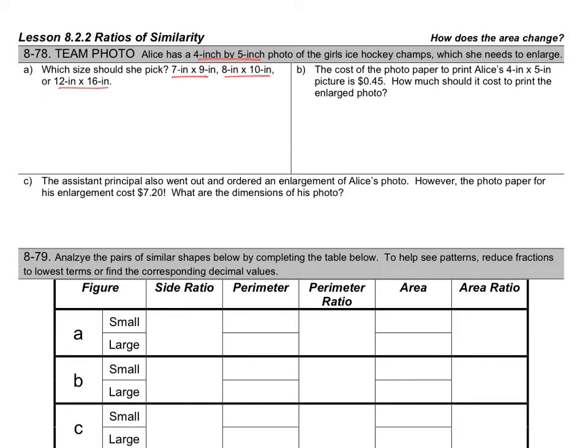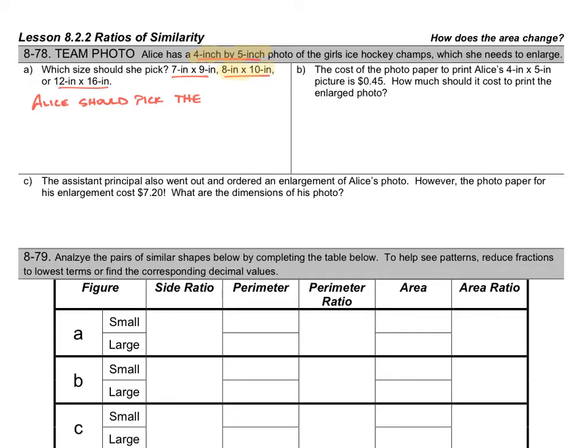Well, we need to pick a shape here that's similar so that when she enlarges the photo, it's got the same proportions as the previous one. Let's take a look at these dimensions here. The only one that matches up to me is, we get 4 by 5, and if I scale each of those dimensions up by 2, I get the 8 by 10.